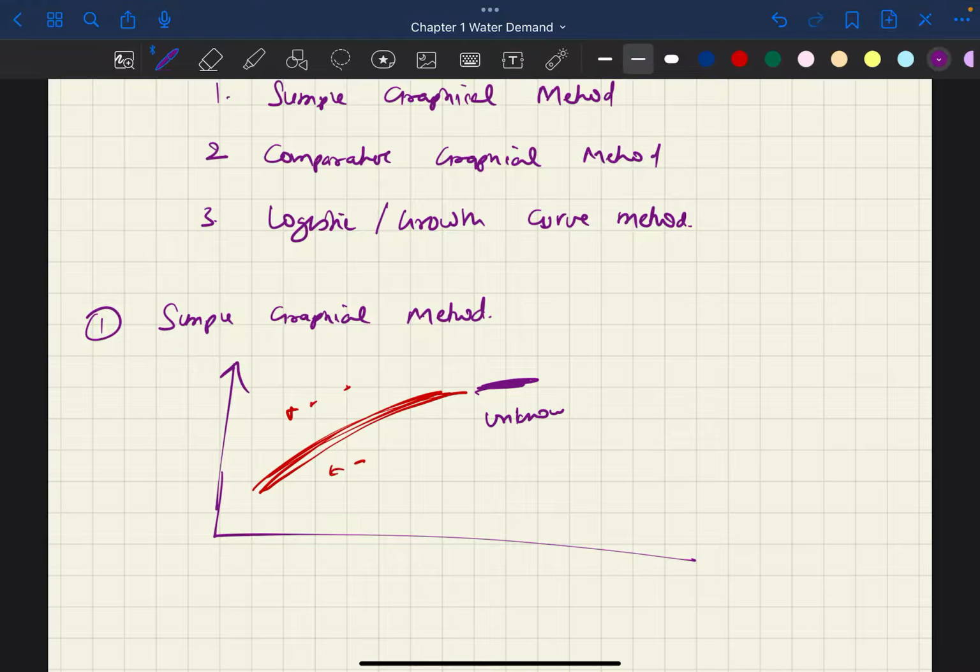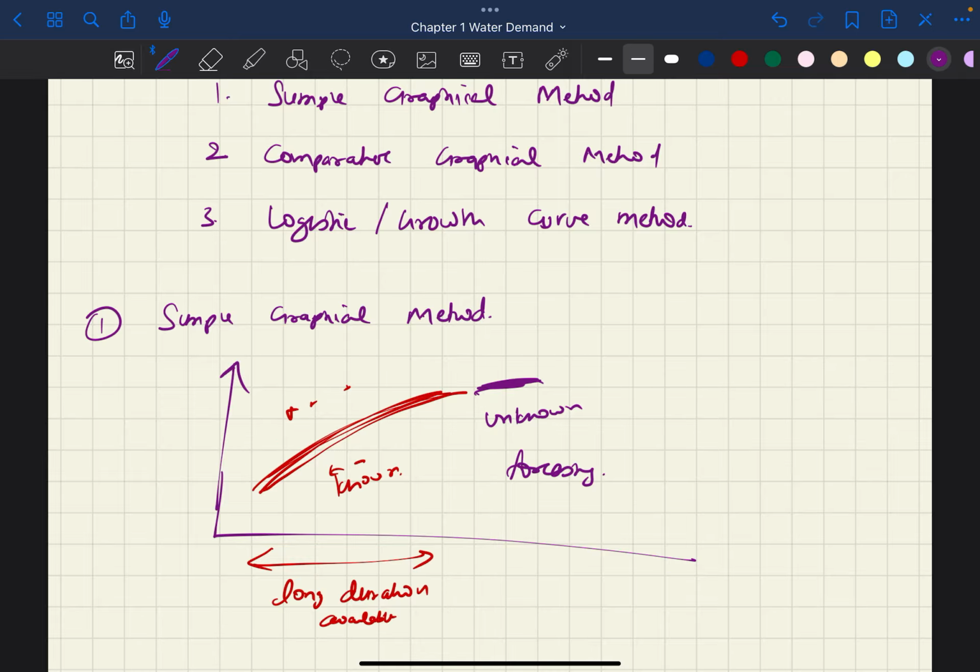Known, unknown. So long duration record is already available, then only we can forecast this unknown population using simple graphical method.